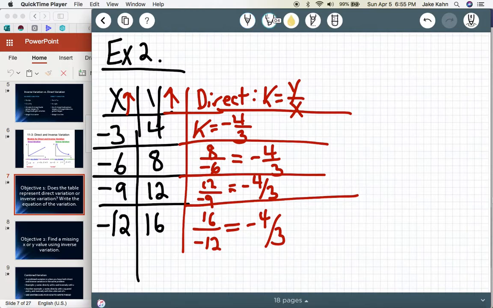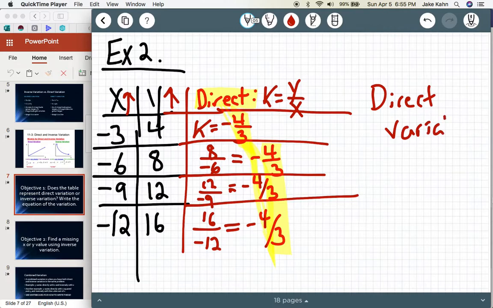Just like the last problem, our k value is the same in each row, which means that it is indeed a direct variation. Again, it was a direct variation because our k value of y over x was constant.